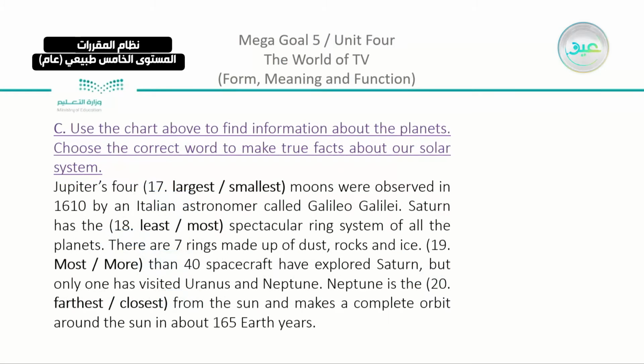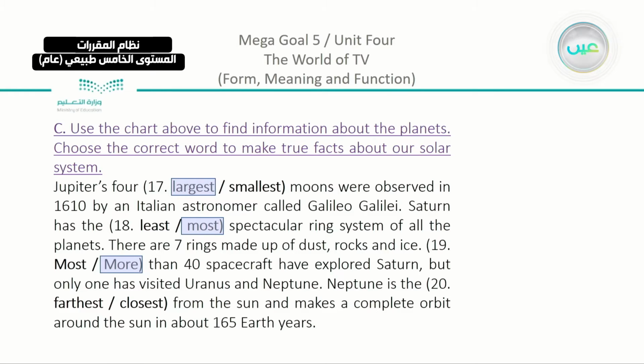The last part that we have, Jupiter's 4 largest moons were observed in 1610 by the Italian astronomer. And that we have here Saturn has the most spectacular ring system in all the planets. There are 7 rings made up of the dust, rocks, and ice. More than 40 spacecraft have explored Saturn, but only one has visited Uranus and Neptune.